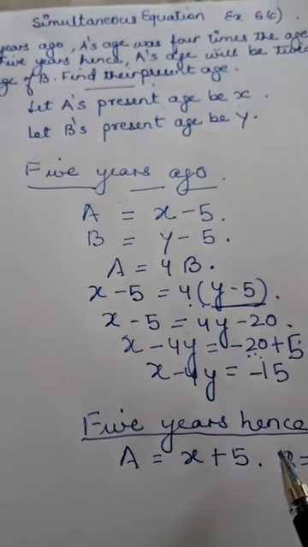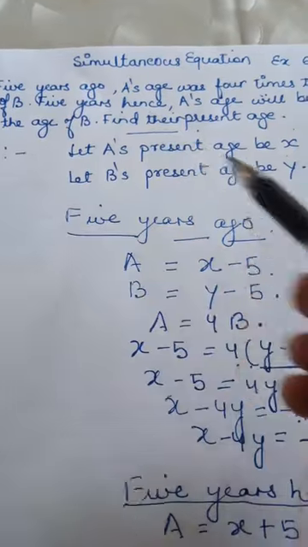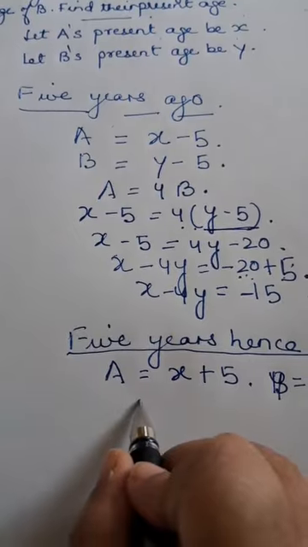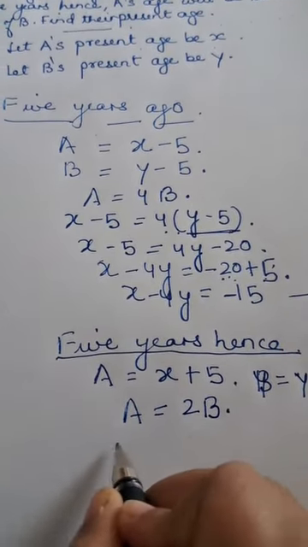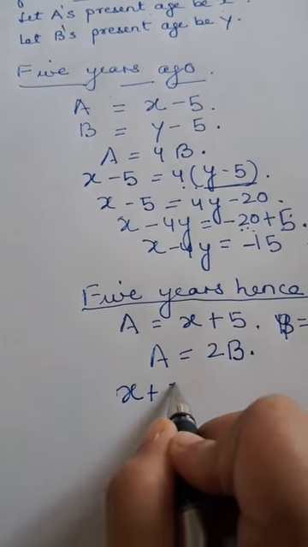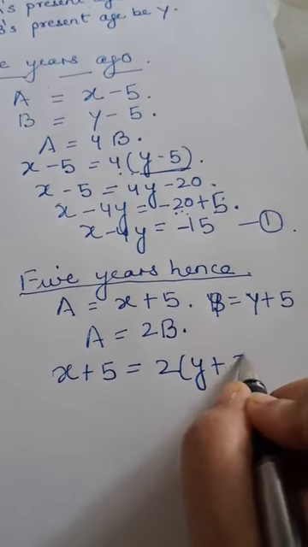And what is the relation given? A's age will be twice the age of B. That means A is 2 times B. That means X plus 5 is 2 times Y plus 5.